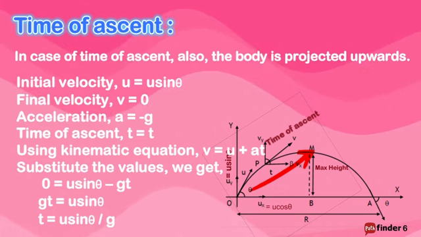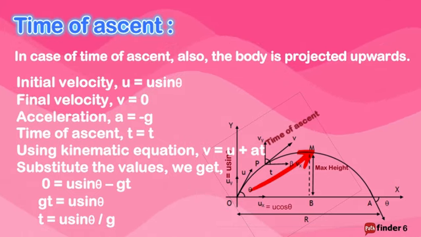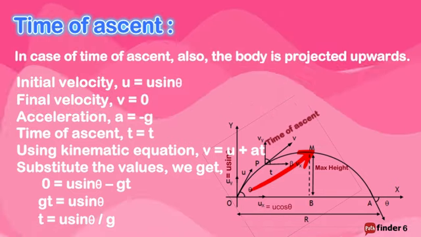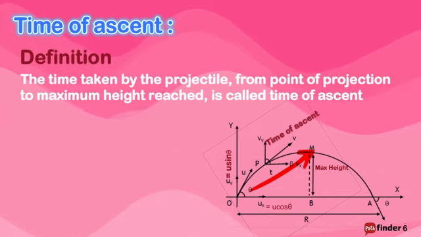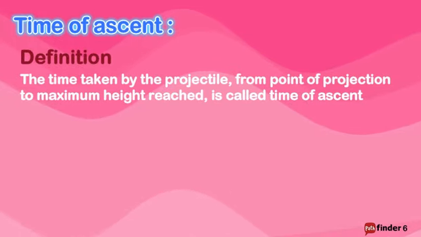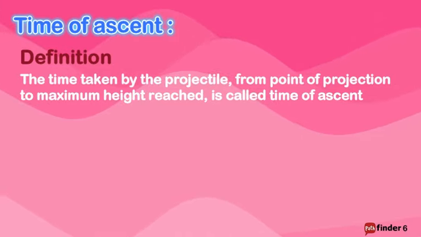Here you can find time of ascent. Substitute the values, we get time of ascent t is equal to u sine theta by g. Definition: the time taken by the projectile from point of projection to maximum height reached is called time of ascent.